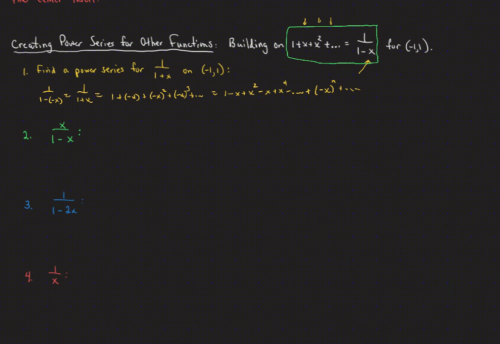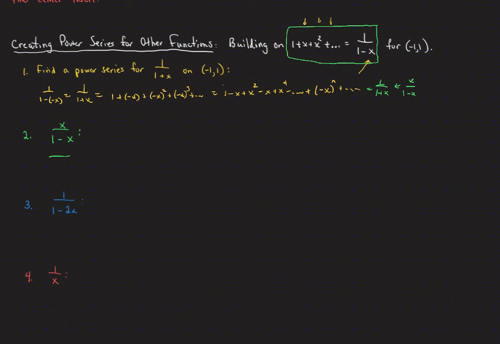All right, now we can doctor that up. So now we have this infinite series for our 1 over 1 plus x. It's this alternating series. If we in turn multiply this by x, then we get on the right side x over 1 plus x.